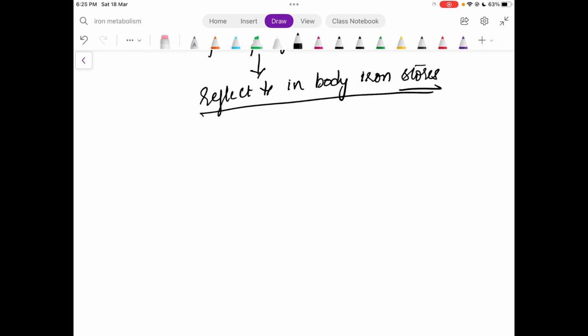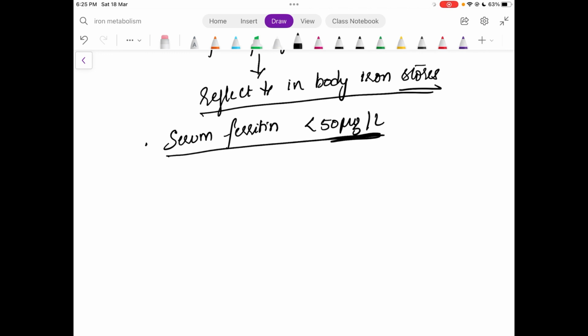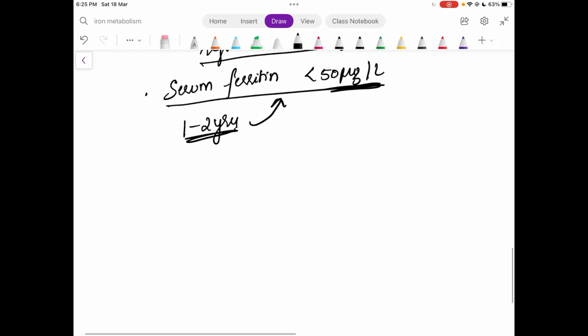How long do you have to perform this phlebotomy? Till serum ferritin is less than 50 micrograms per liter. This can take 1 to 2 years to reach this serum ferritin level.